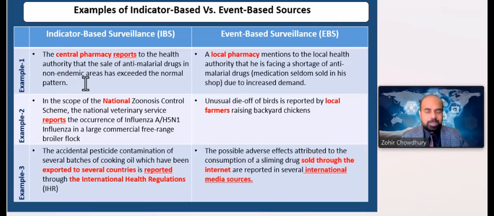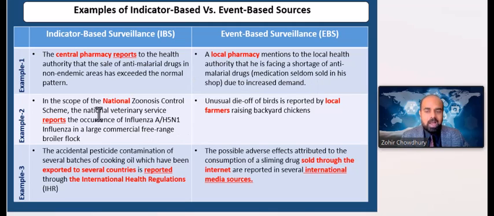So there's a reporting going on here, whereas in an EBS system, a local pharmacy mentions to the local health authority that the pharmacist is facing a shortage of anti-malarial drugs, a medication seldom sold in the shop, due to increased demand. So that can become a signal in an EBS system, and this is more like an unstructured source of data.